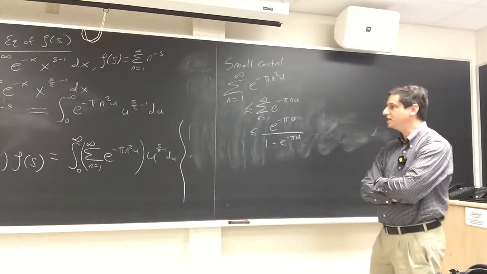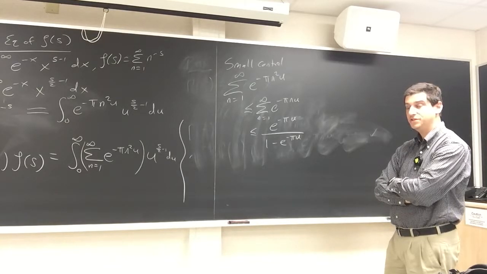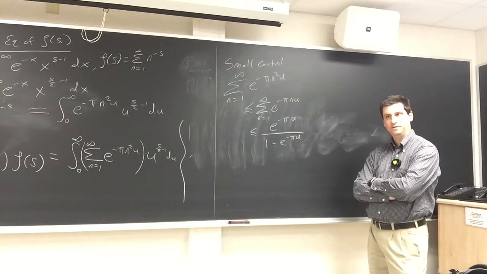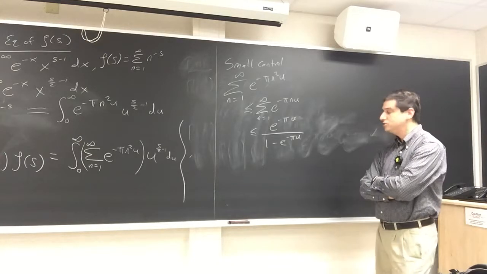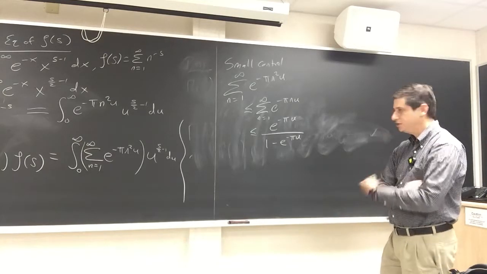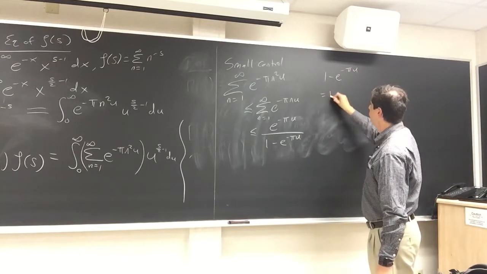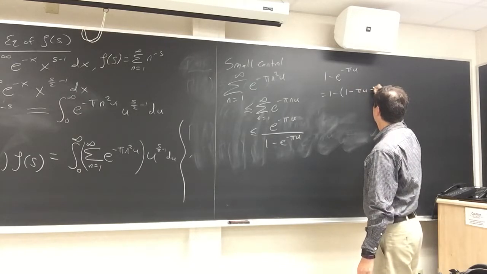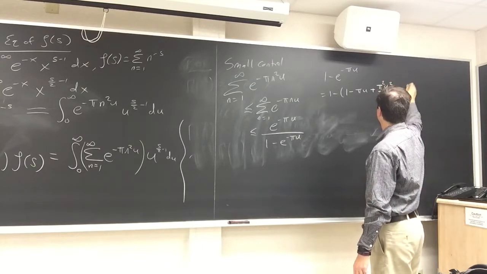So what would be the size of something like this as u gets very, very small? This is going to go off to infinity. So the question is, how badly will it go off to infinity? Like 1 over u. It's going to look like 1 over u up to a constant. Because if you look at 1 minus e to the negative pi u, this is 1 minus (1 minus pi u plus pi squared u squared over 2 factorial).